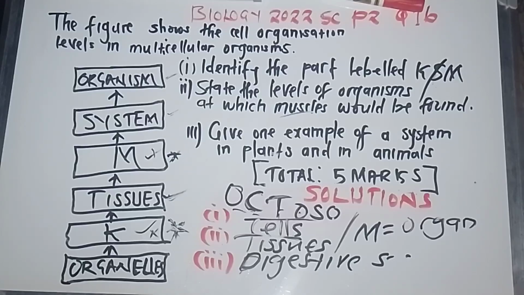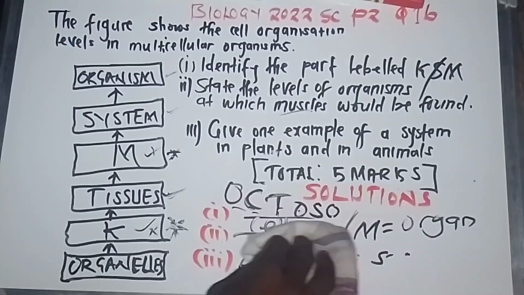Besides that, you can also give the root system, which actually helps in the absorption of what? Water. And then we can also talk about the excretory system, because even plants undergo excretion. So those are some of the systems which are found in what? In animals, and in what? In plants.